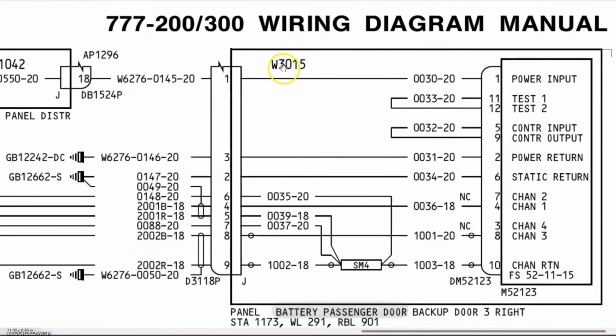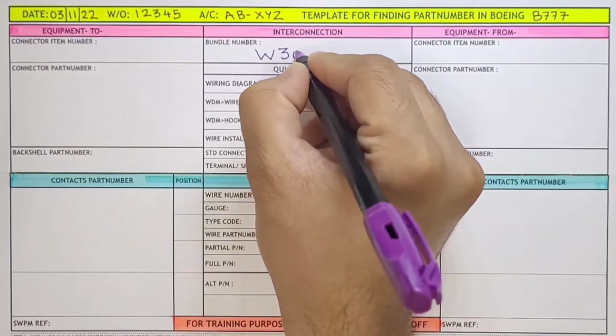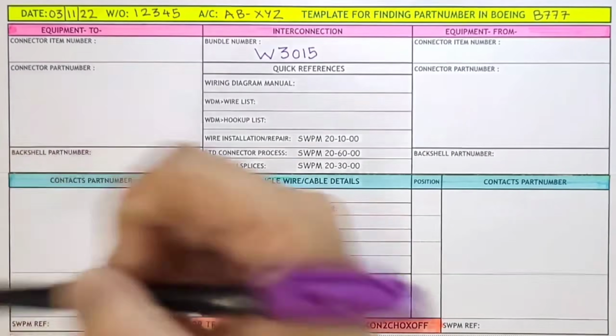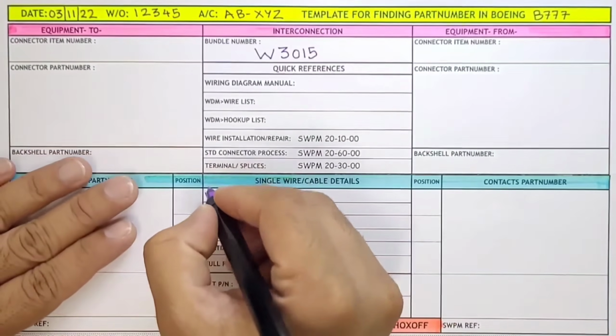So this is our bundle number W3015. And in this example we'll take two wires, which are 0030-20 and another example 0036-18. Now the wire number will start from the bundle number and end on the gauge. This last 2 digits is the gauge of the wire. So I'll simply write down the wire number over here for example 1.